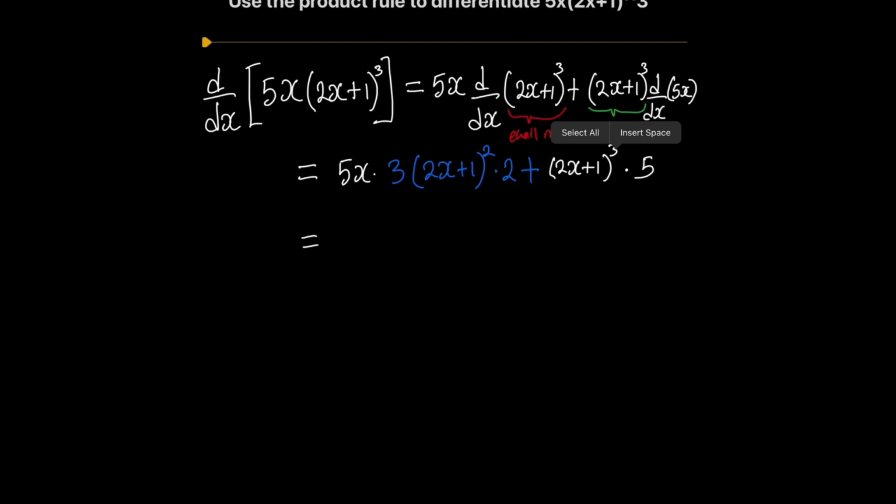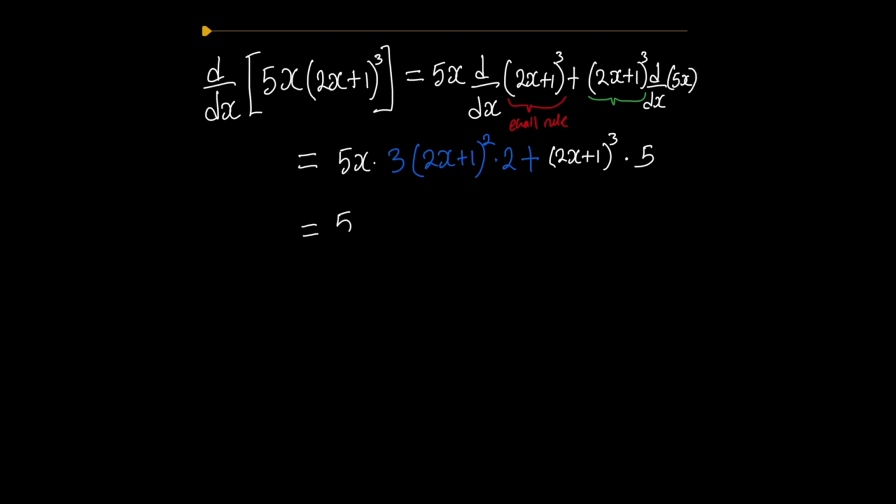So we take out the one with the smaller power, and the one with the smaller power would be the 2x plus 1 power 2. So we have 5, which was our common stuff for the numbers, 5, and then 2x plus 1 power 2, that is common.